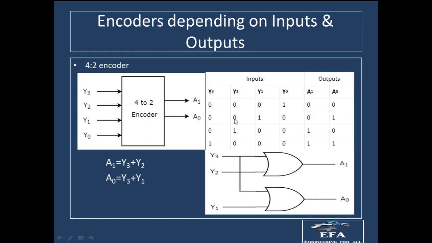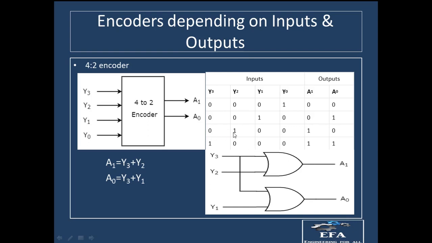Now if we are having the information only at y1, so y3 will be 0, y2 will be 0, and y0 will be 0. This 1 corresponds to y1, and 1 can be written in binary as 0 1. Correspondingly we have to send the information to the output side as a1 equal to 0 and a0 equal to 1.